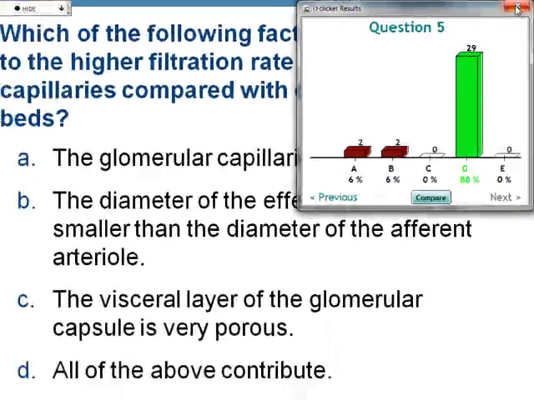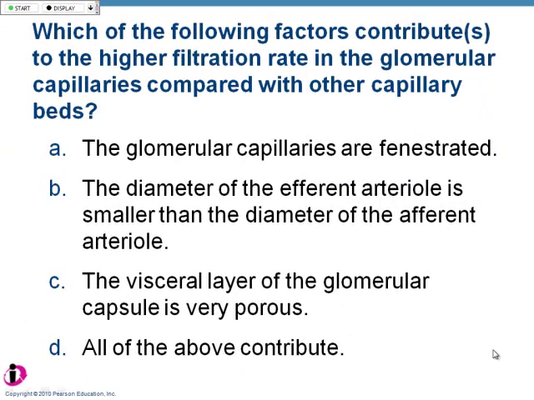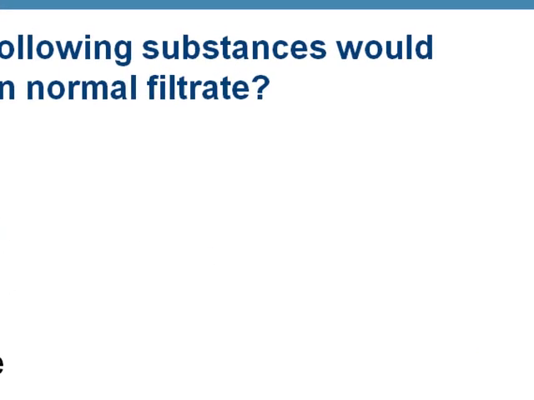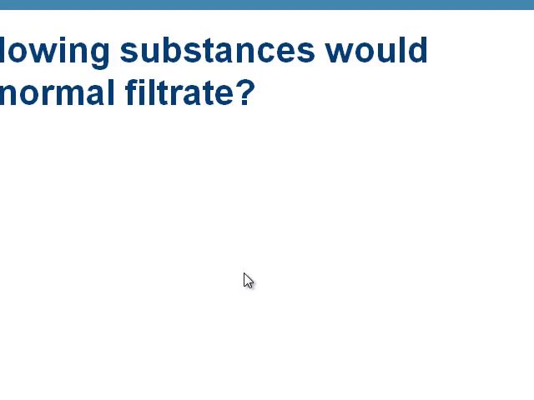Okay, next question. Which of the following substances would not, N-O-T, not be found in normal filtrate? A, uric acid. B, urea. C, proteins. D, creatinine.